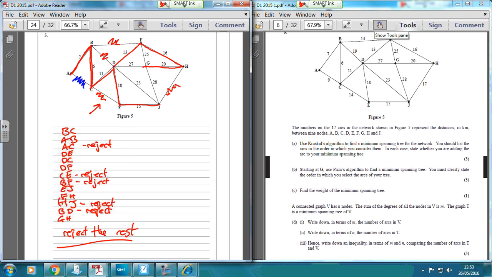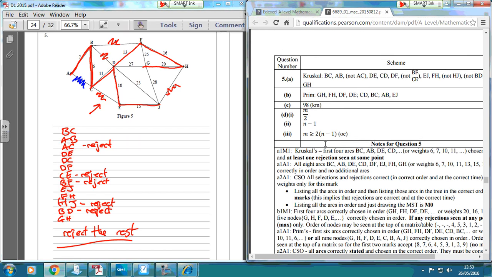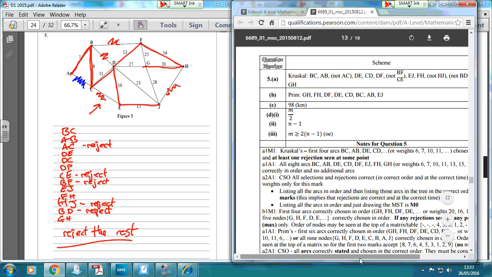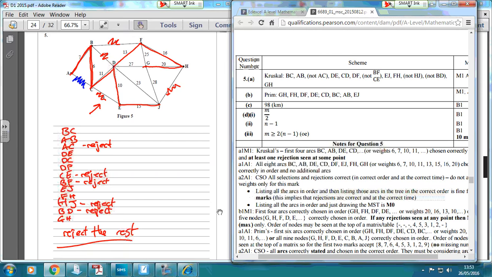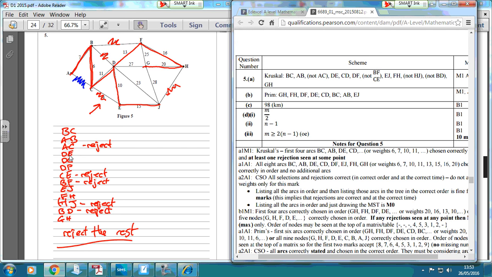Okay, so starting at G, we've now got to use Prim's algorithm. In fact, if we just show the mark scheme for this one, we've got BC, AB, not AC, DE, CD, DF, not CE or not BF, and it doesn't matter which way around we write that.